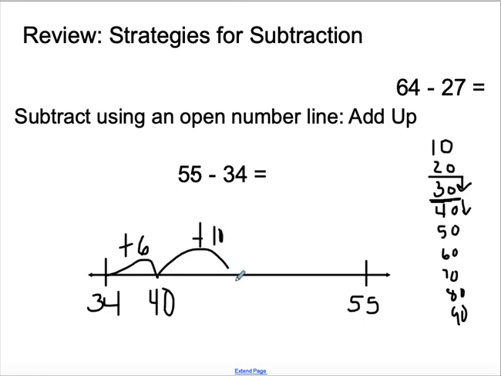And now I have 50. And then I need to get from 50 to 55. So what do we have to add? We only need to add 5 more. So 10 plus 5 is 15, plus 6 is 21. So 55 take away 34 equals 21.